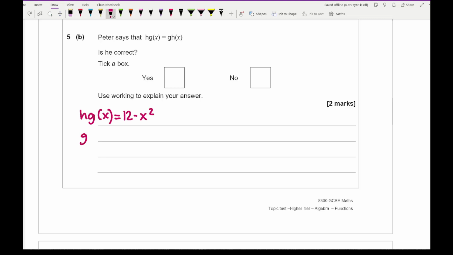So what I then need to do is work out gh of x, which if I substitute h into g, I'm going to get 12 minus x, and that's my x, and I'm going to square that. So if I expand the brackets, I get 144 minus 24x plus x squared. And as you can see, these two things here are not the same.